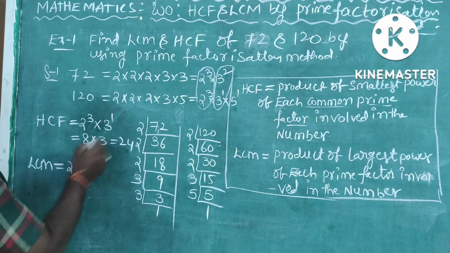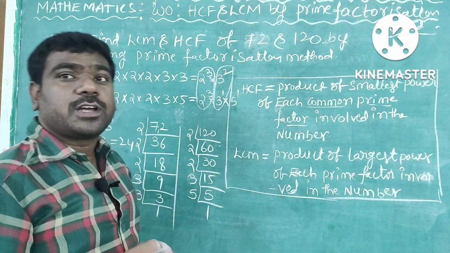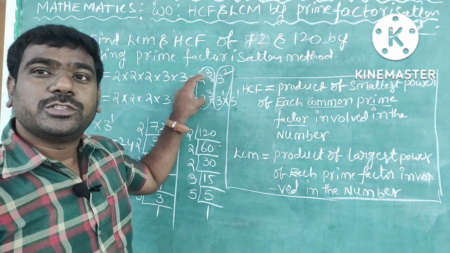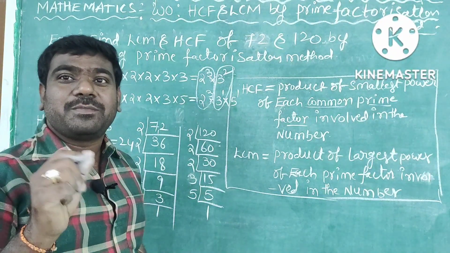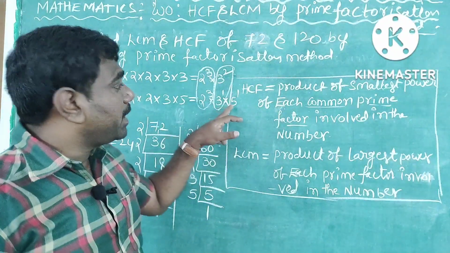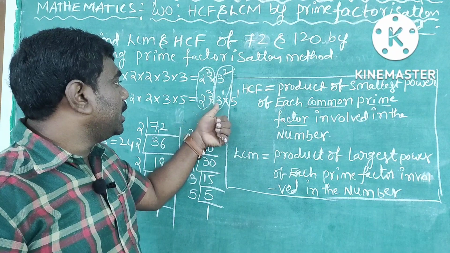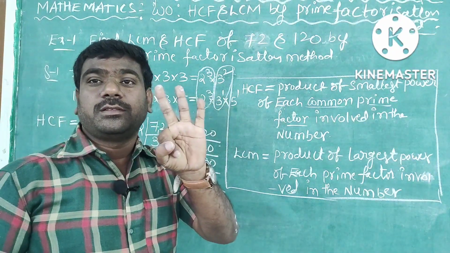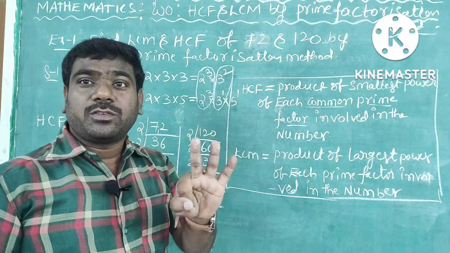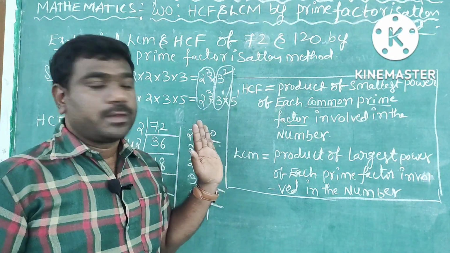Whatever equal power there is, we should consider only a single one, not both. Remember, each prime factor. In total, how many prime factors are there here? Only 2, 3 and 5. Only 3 prime factors are there.